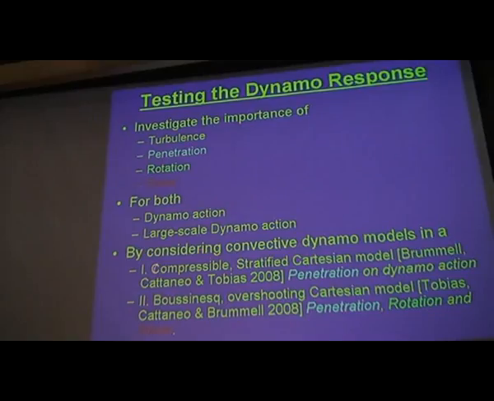The first model is fully compressible and stratified, and we're really only interested in the effects of penetration on dynamo action, so whether losing flux into a stable layer below really does hinder the dynamo as suggested. In the second one, we're going to look in more detail at the effects of penetration and a little bit at rotation and shear. This is going to be a much simpler model. It's going to be Boussinesq, and we're going to look at penetrative or overshooting convection there as well.